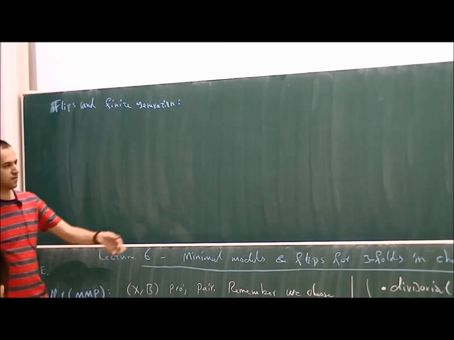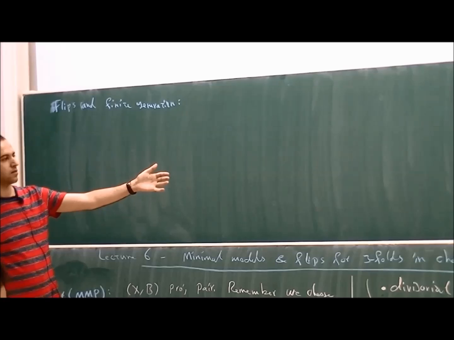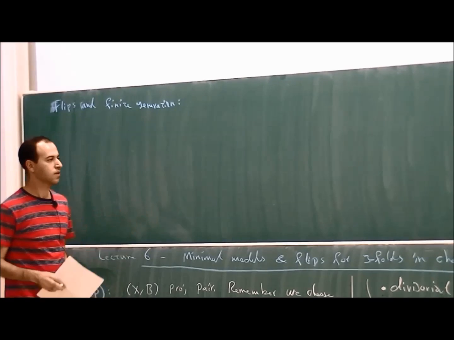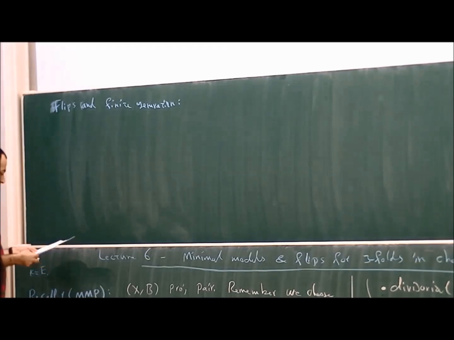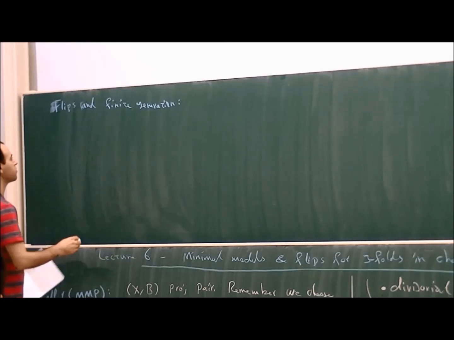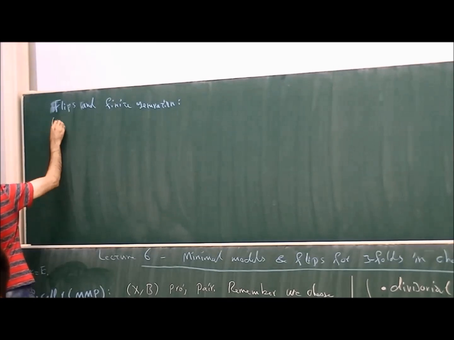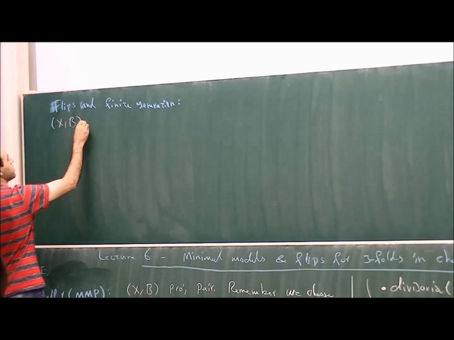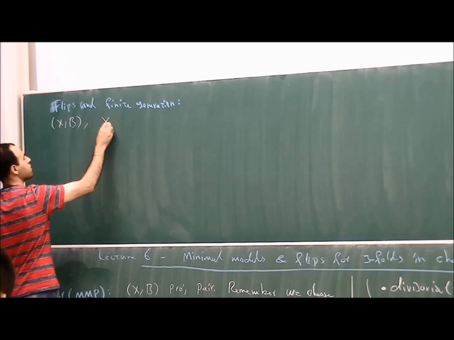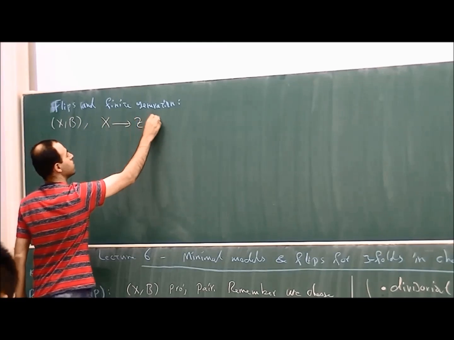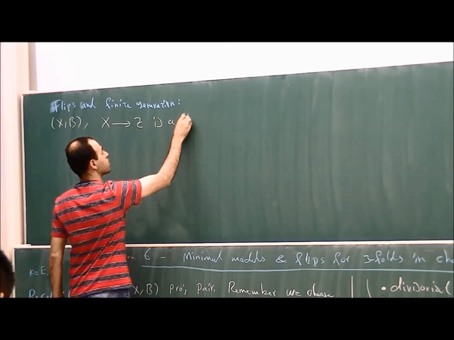So the flip itself, as I discussed, is a completely geometric thing, but you can in fact translate it into something very algebraic. So suppose that we have X to Z as usual, and suppose that X to Z is a flip contraction.